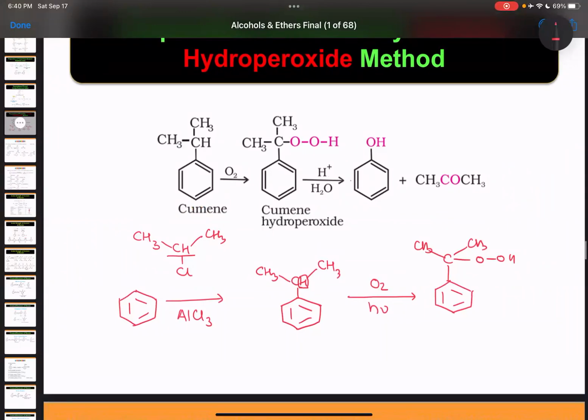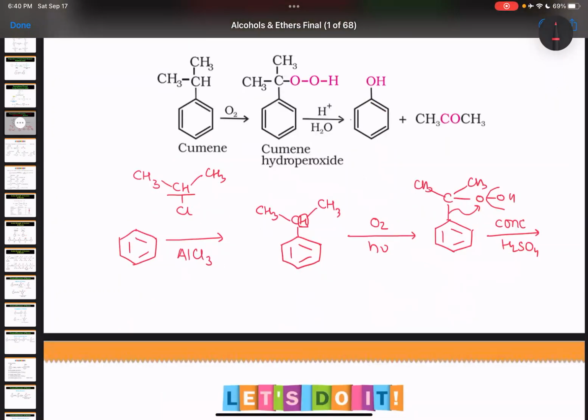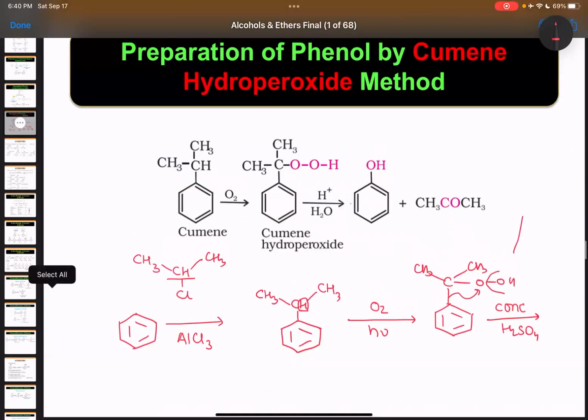We react it with conc. H2SO4. H2SO4 protonates the OH and removes it, and the phenyl group gets transferred to the oxygen. So actually there is a rearrangement.